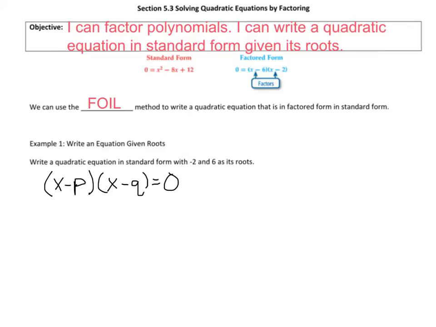And p and q are just those numbers that we're going to be plugging in. So let's go ahead and do that. So we know that one of the roots is -2. So for p, we'll plug in -2. And then we know that the other root is going to be that 6. So we'll plug that in for the q.